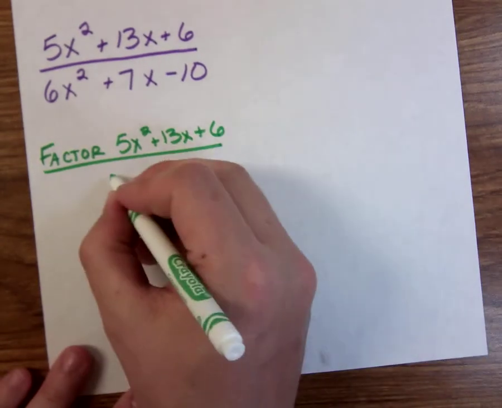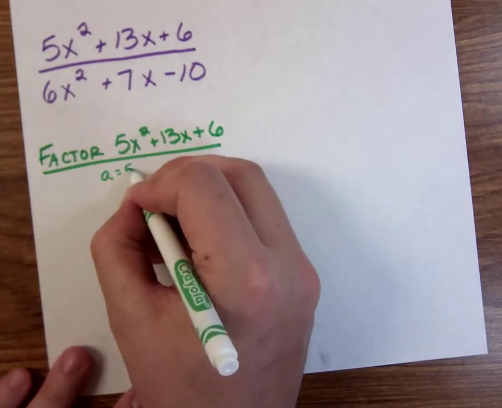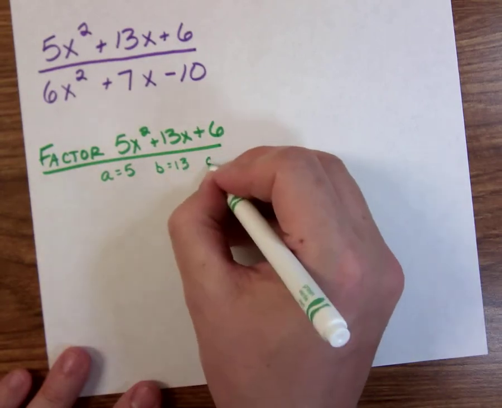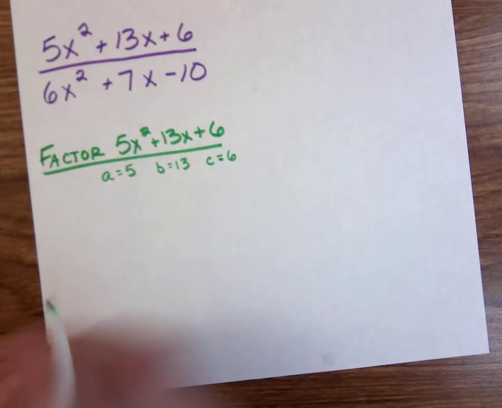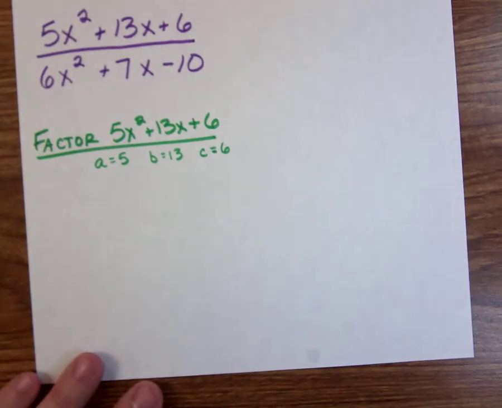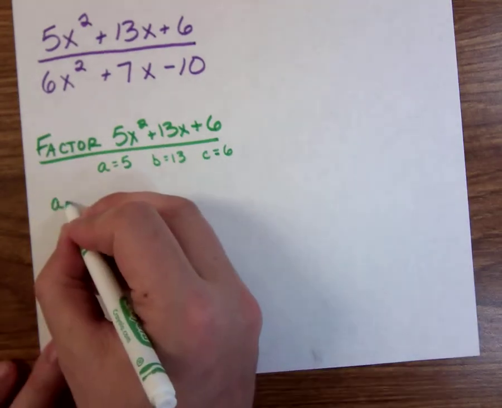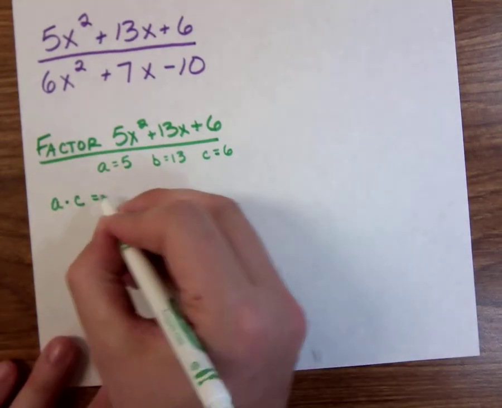So 2 numbers. A equals 5, B equals 13, and C equals 6. So 2 numbers that will do what? A times C is 30, right?